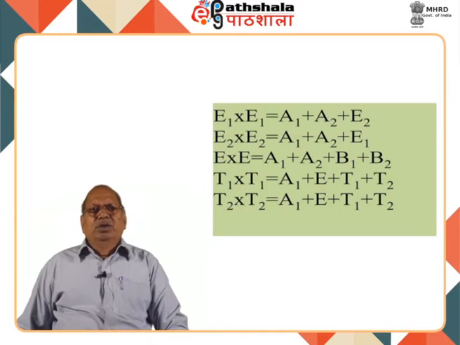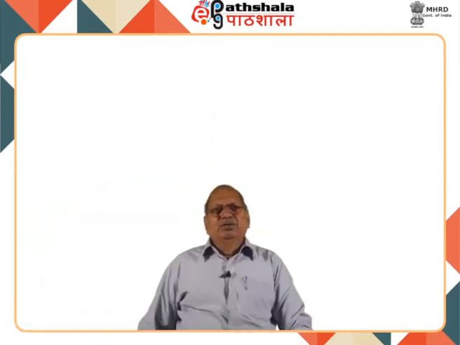E into E, we will get A1 plus A2 plus B1 plus B2. Similarly, if we take a three-dimensional representation, T1 into T1 is A1 plus E plus T1 plus T2. T2 into T2 is equal to A1 plus E plus T1 plus T2, and so on. That is, we can get the direct product and reduce them.